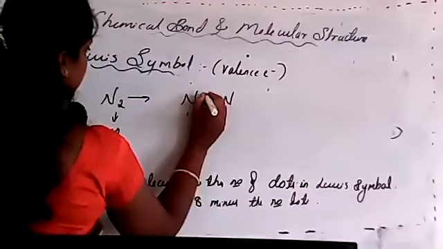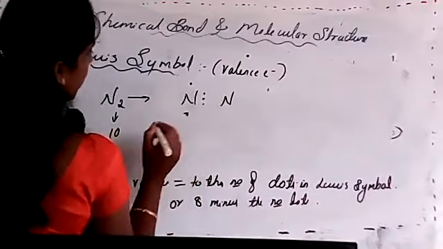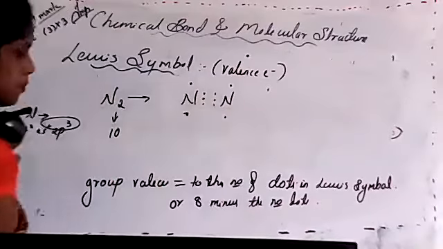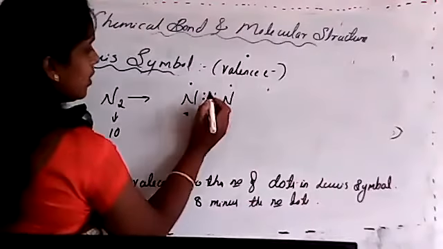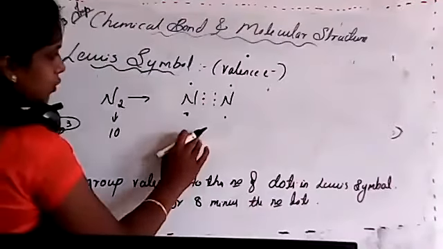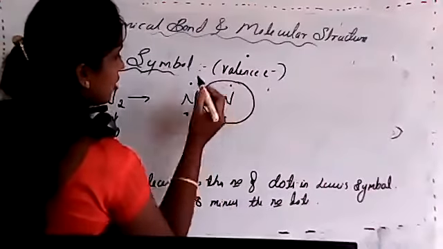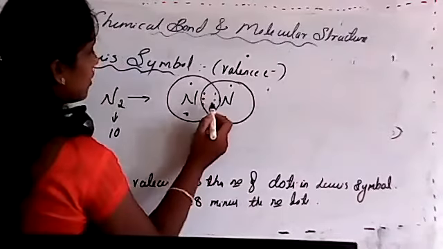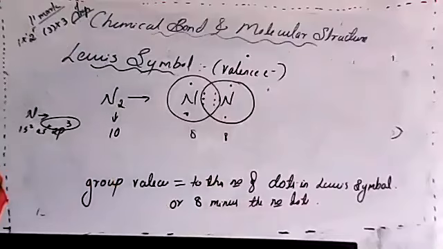I'll write it like 1 2 3, 1 2 3 4 5, 1 2 3 4 5. Yes, there is a triple bond, isn't it? So that's why I mentioned like this. So now, if I consider this, 3 plus 3, 6, 7, 8. So both have 8 electrons by sharing electrons, isn't it? So this is by sharing.